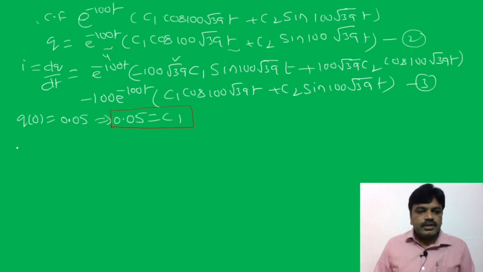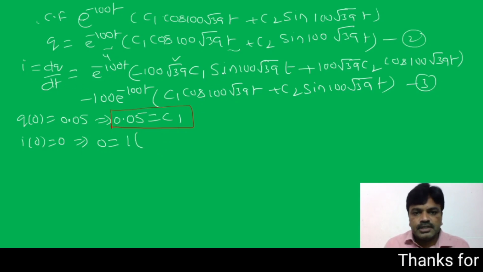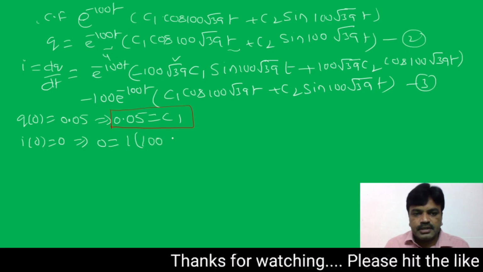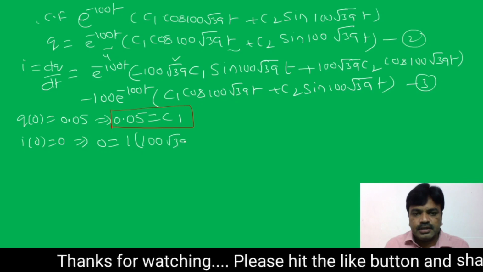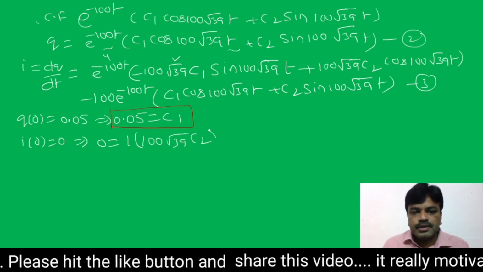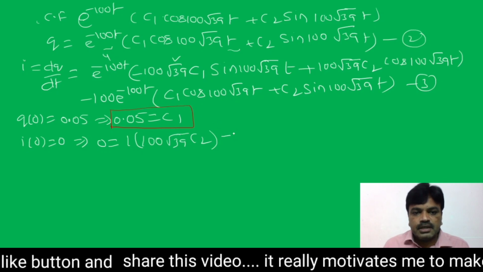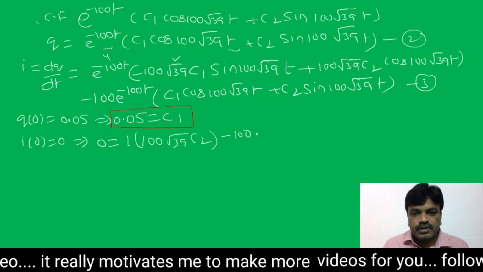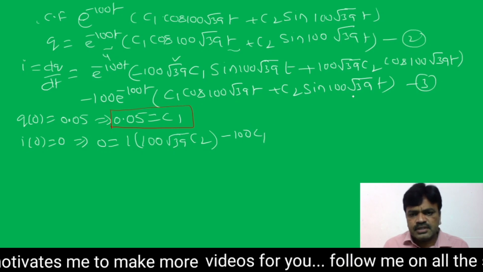Now you write here the i of 0 value. Clearly i of 0 value is 0. So that implies 0 is equal to e power 0 is 1, sin 0 value is 0, cos 0 value is 1. So we get 100 root 39 c2, bracket close, minus 100 e power 0 is 1, cos 0 value is 1, so 100 c1, sin 0 value is 0, friends.